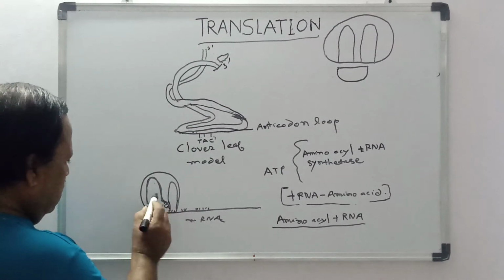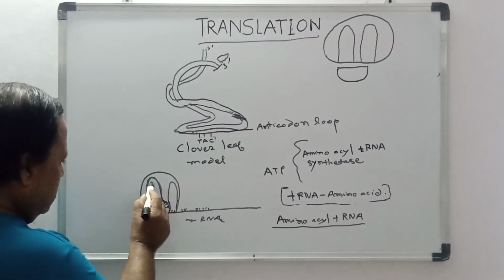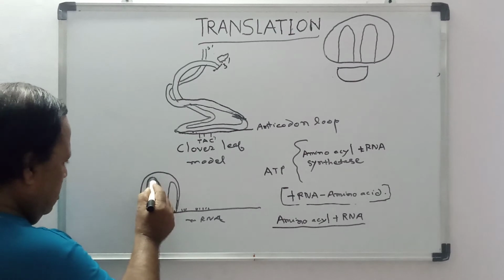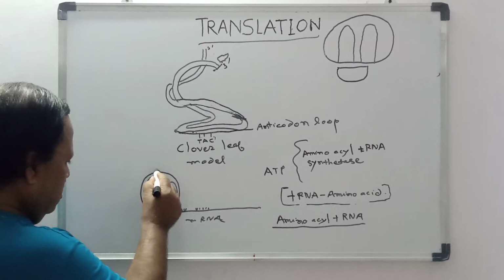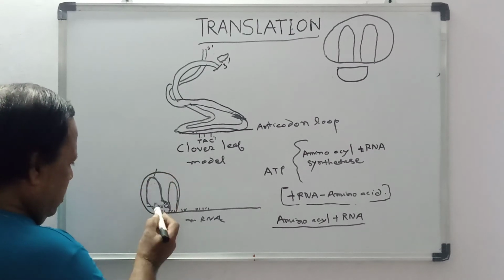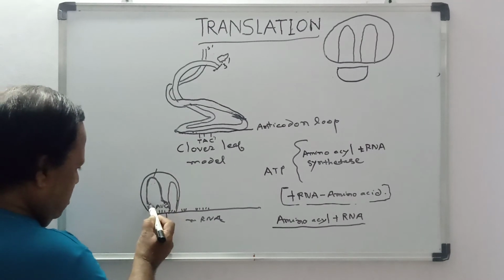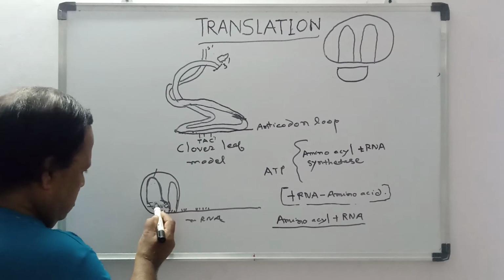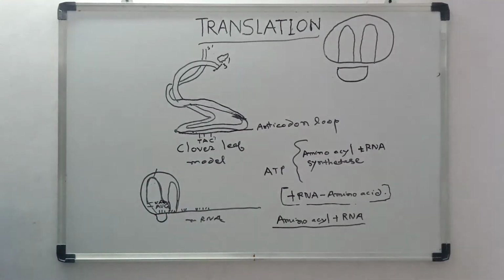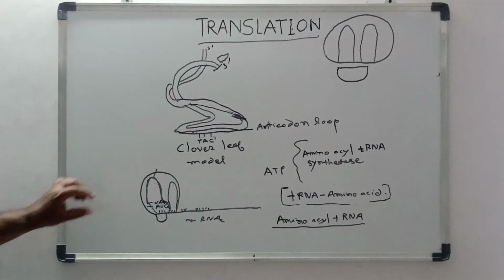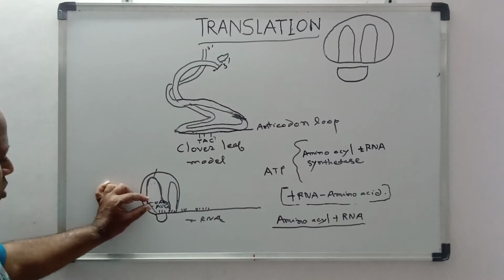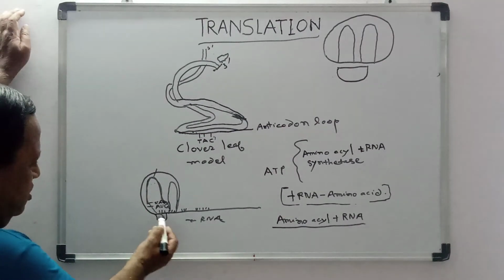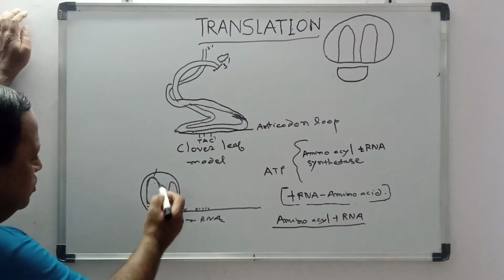So now this transfer RNA has the anticodon with it, and which is the anticodon? UAC. So it forms the hydrogen bond over here. They are complementary, as you know.